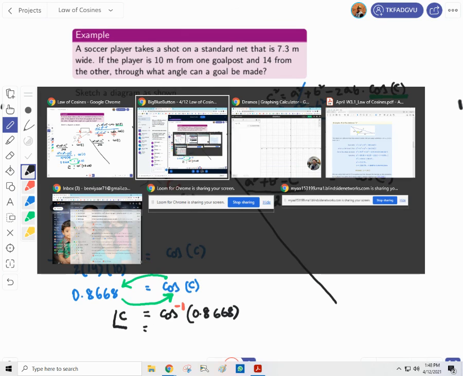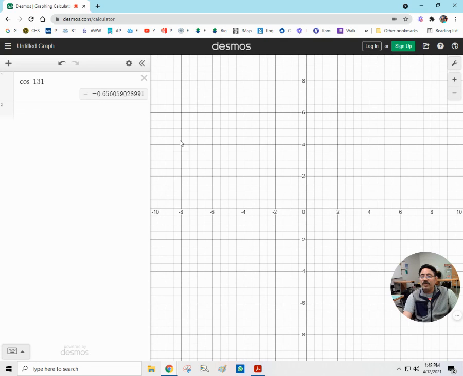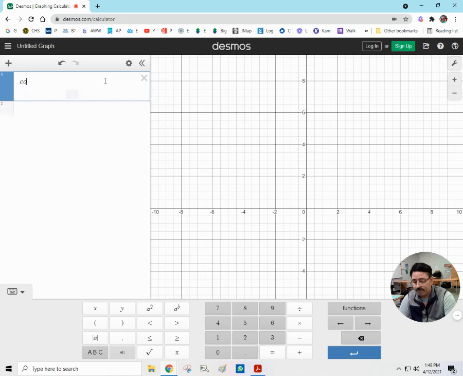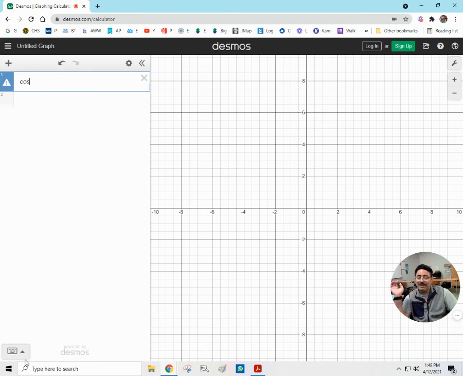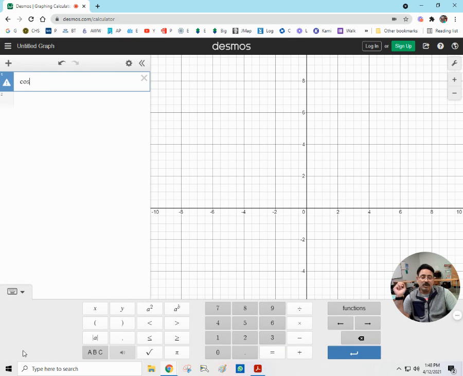Let me take cos, and then make use of the keyboard. You'll find it at the left bottom, a drop down box, and for the exponent, you see a to the power of b. You use that, then type -1.